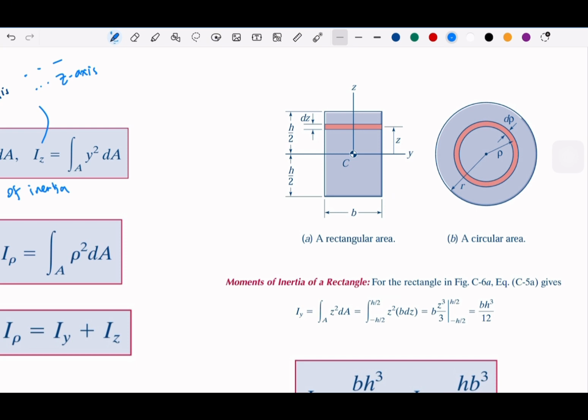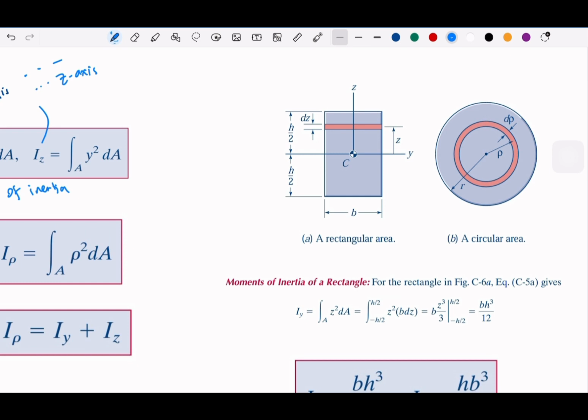Because we take b as a constant, or here is the base, and the height will be z, and we consider z for our integration. So we take the z squared, we integrate to 1 over 3 z cubed, with b as a constant, and then we put in h over 2, and we get bh cubed over 12.